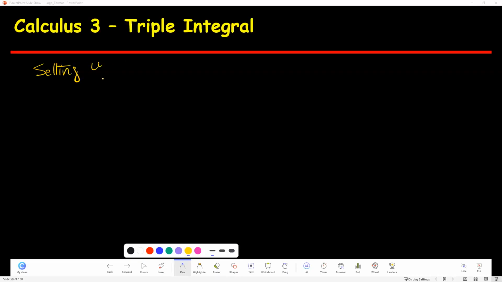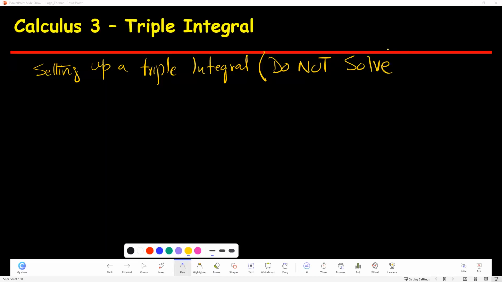Setting up a triple integral, do not solve. So number 1 is given something like this: the solid in the first octant. We have to read these words and then set up the integral.